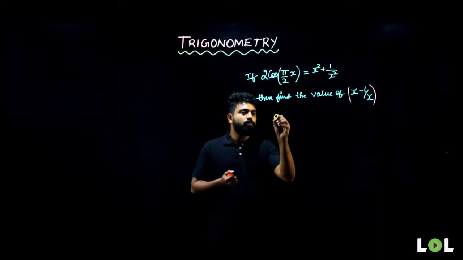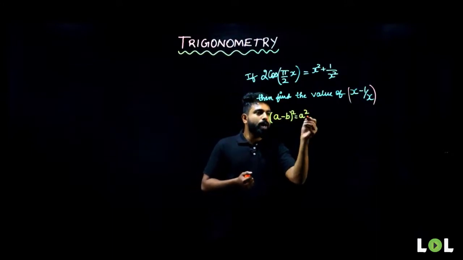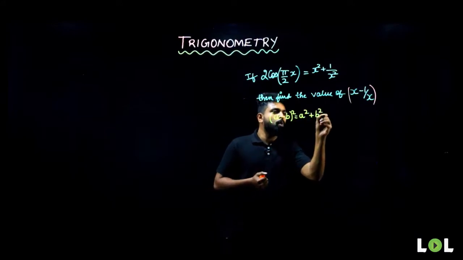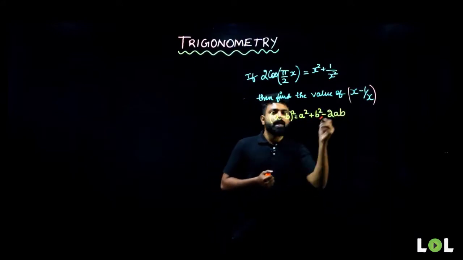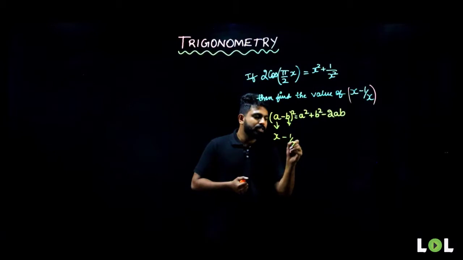What is the value of a minus b the whole square? It's nothing but a square plus b square minus 2ab. Here instead of a, I need to take x, and instead of b, I need to take 1 by x.